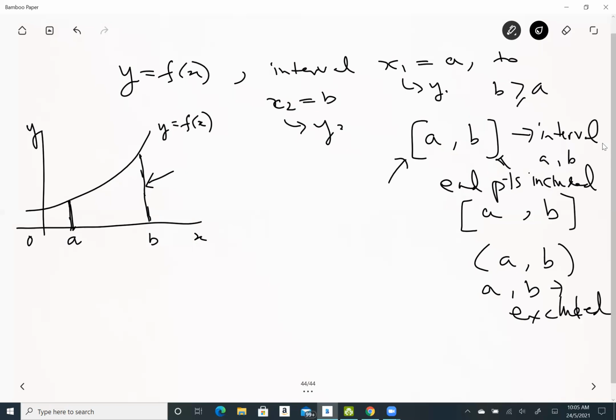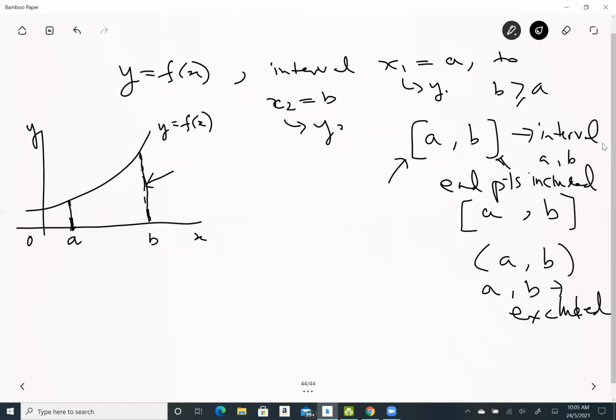You show it by a broken line, like what we did for inequalities. But for the definite integral, in order to find the integration, we assume that the endpoints are included. So we call it the interval AB.